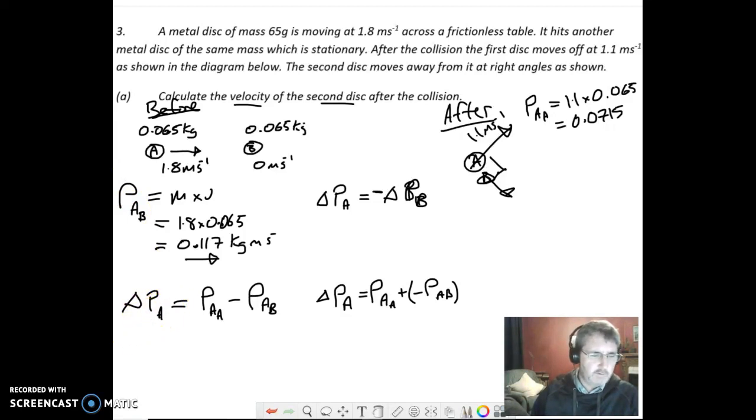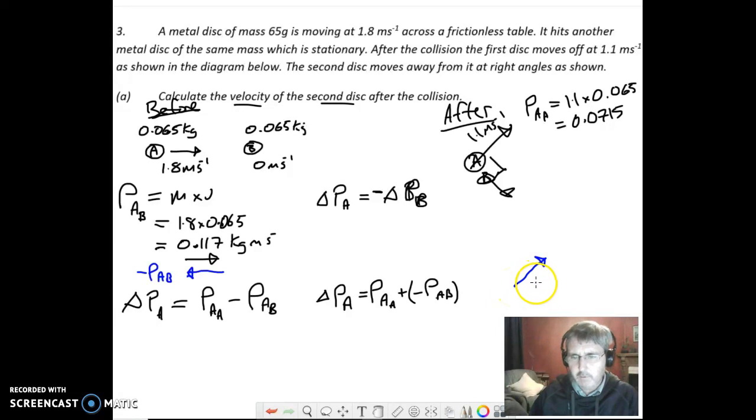Now I want you to look at this here. If this is the positive, then the negative is this. It's still the same size, it's just going in the other way. This is negative the momentum of A before. So now what I'm going to do is add the momentum afterwards. So let's do that.